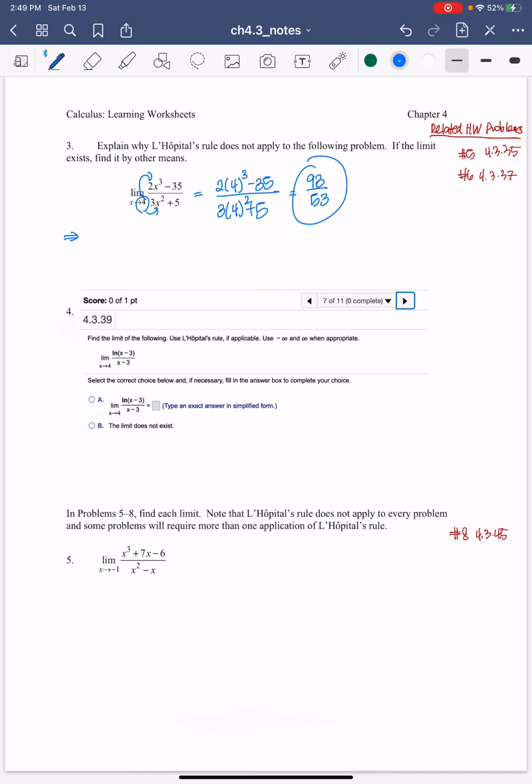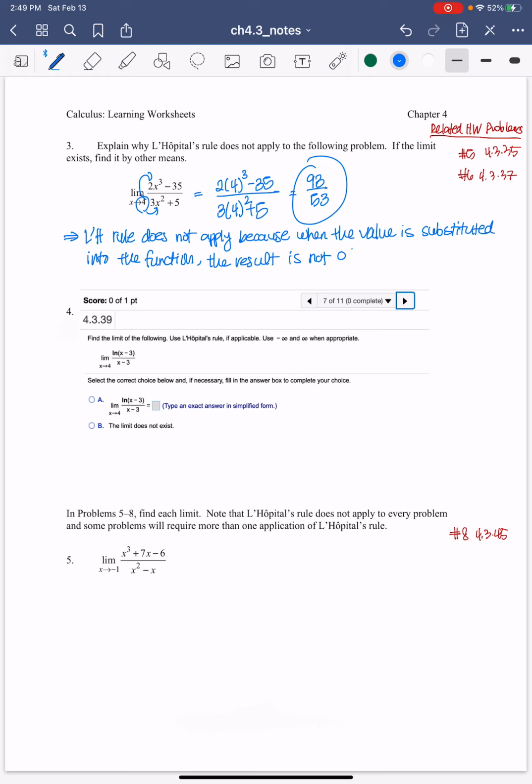Let me write a comment. L'Hopital's rule does not apply because when the value is substituted into the function, the result is not 0 over 0.